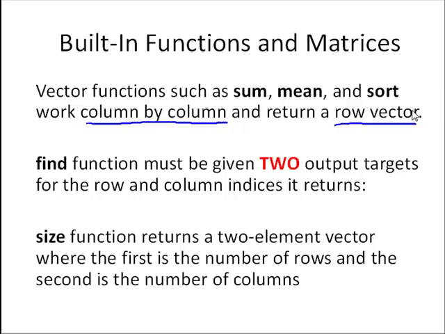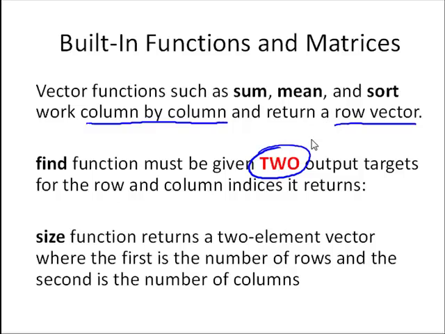The find function, when used with matrices, you need to give 2 output targets, one for the row and one for the column, as far as the indices it returns. We talked about the find function with vectors, and in that case you only gave it one output variable because we only need one index to locate an element in a vector.